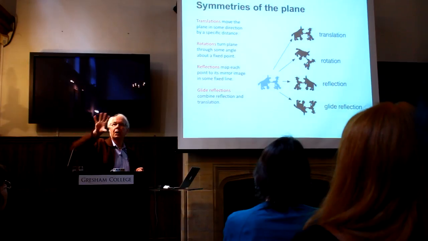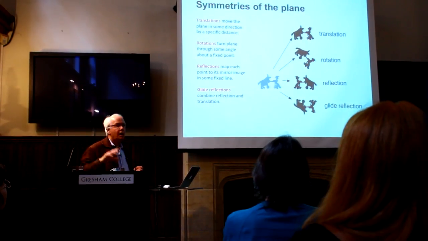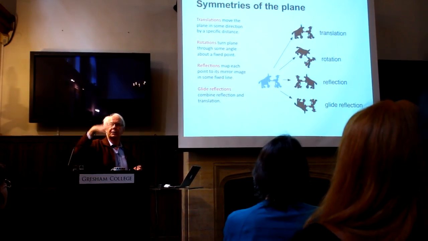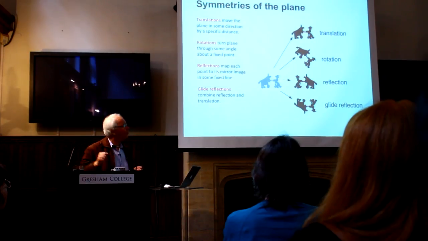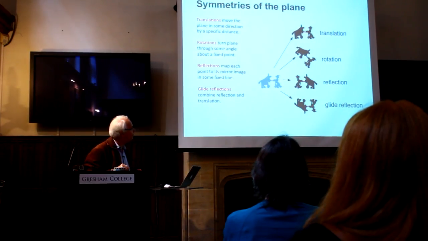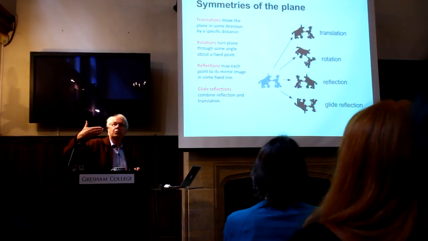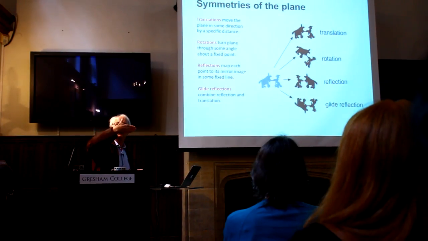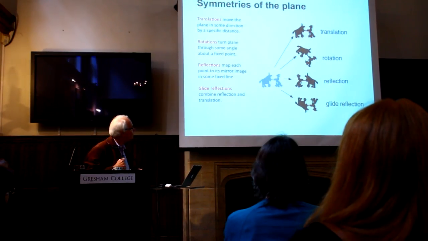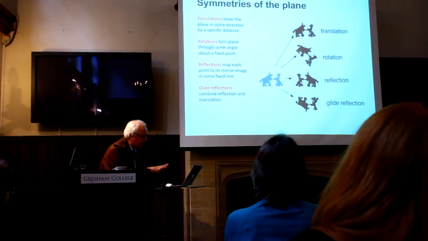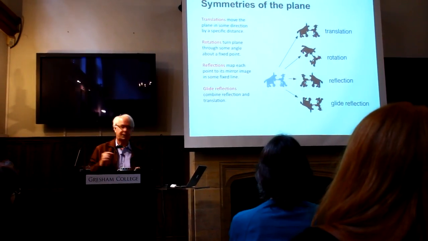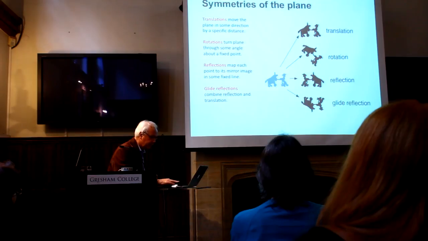And you can rotate that shape. You can reflect it in some mirror, not necessarily left and right, but it can be. Or you can also do a thing called a glide reflection, which pushes it along and flips it over. Okay. Now these are the basis of symmetries of patterns in the plane.